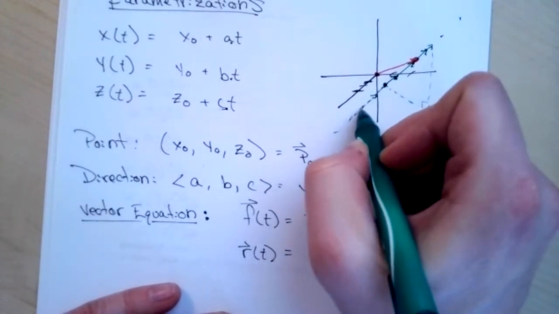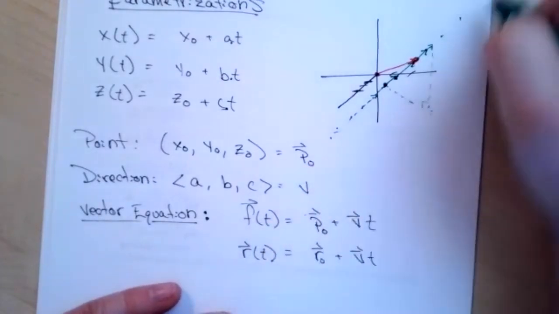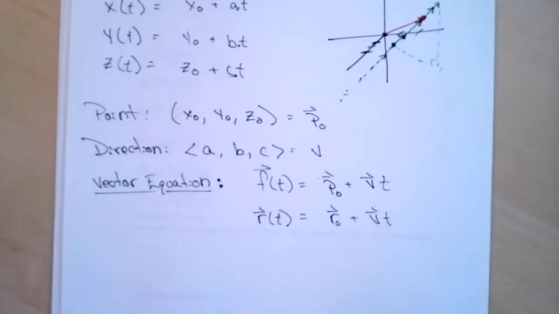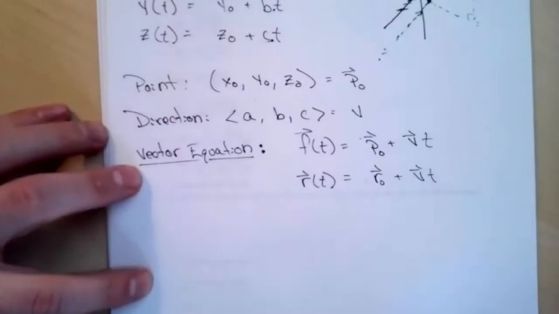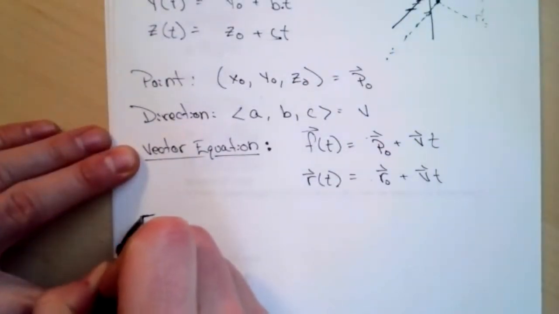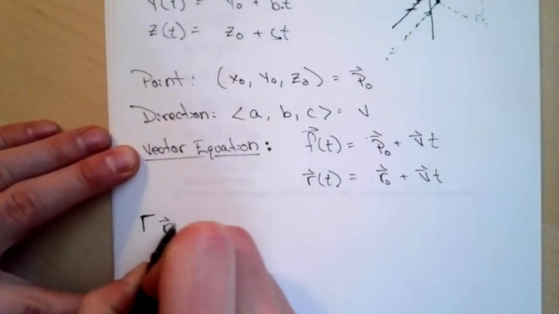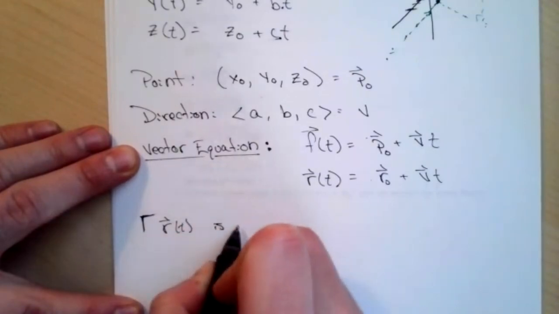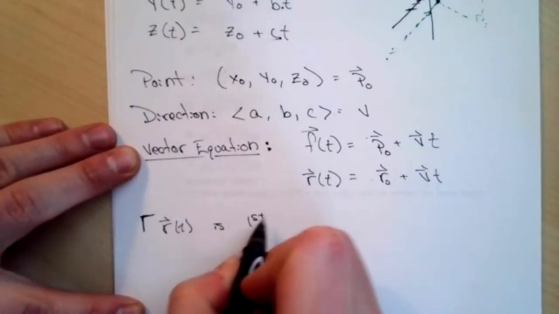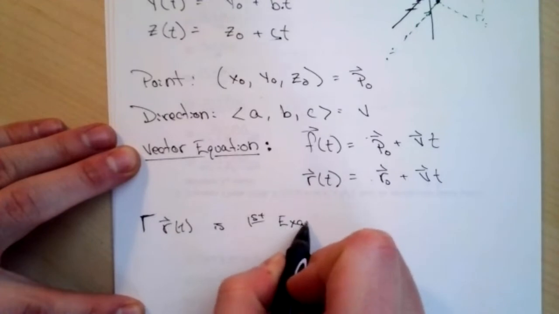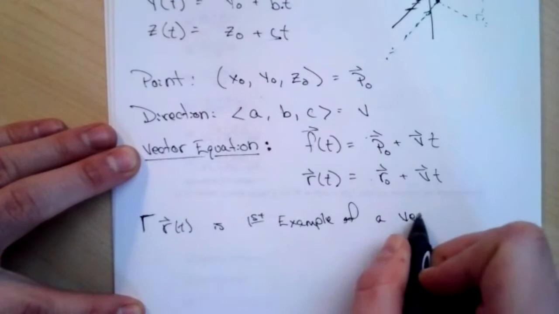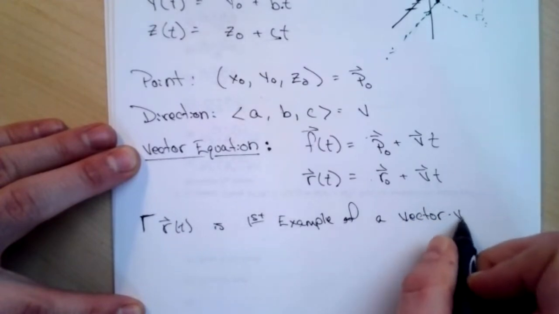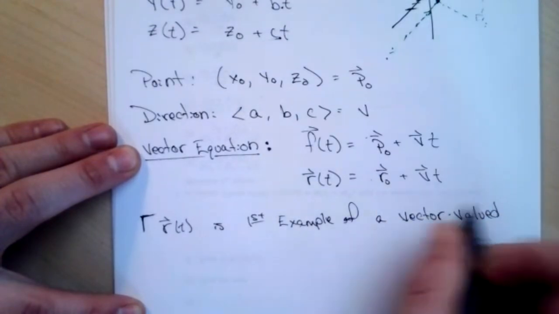So if we go backwards in time, it would parameterize the full line from minus infinity to infinity. So just an abstract mathematical note that r of t is our first example of a vector valued function.